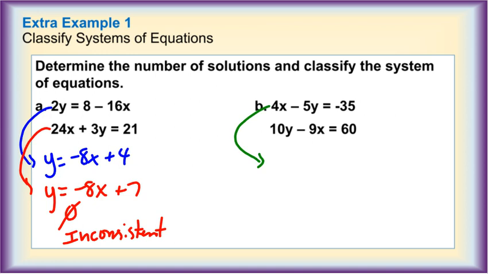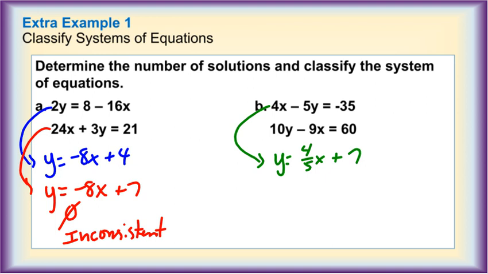Next, this would be y equals, subtract 4x and then divide by negative 5. So this would be a positive 4/5 x plus 7, because negative 35 divided by negative 5 is positive 7.